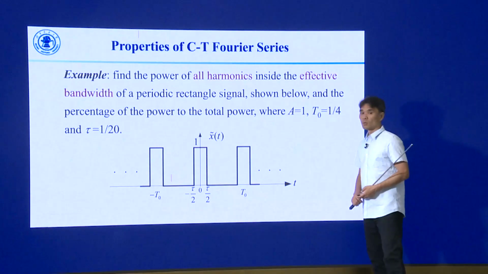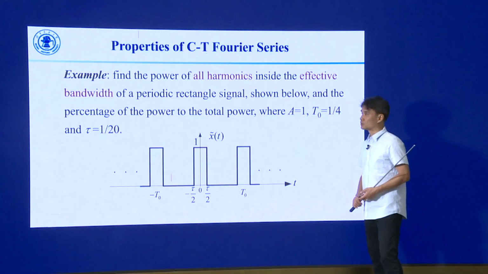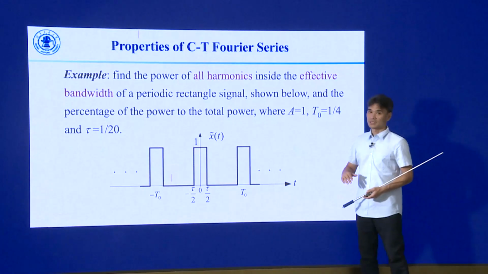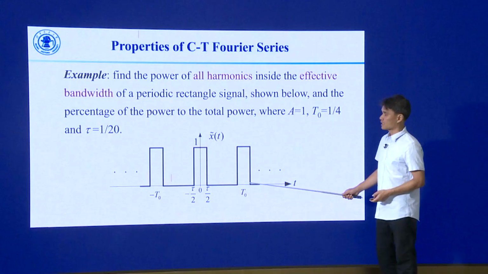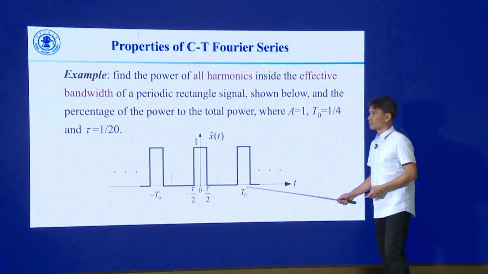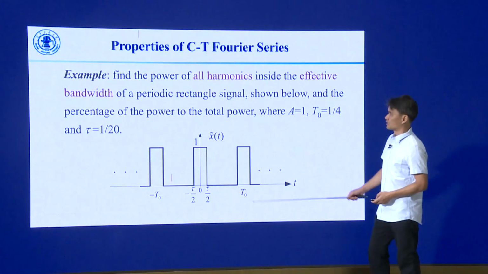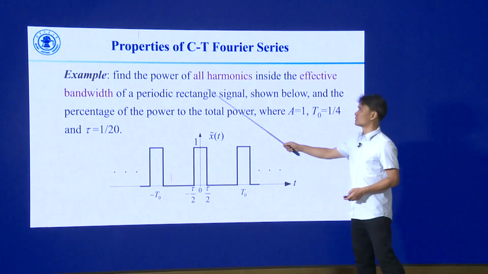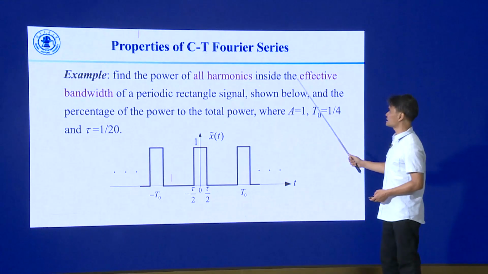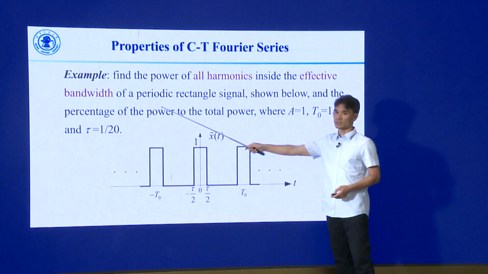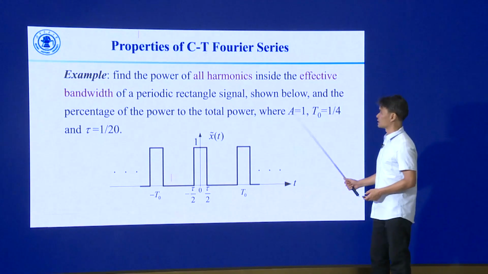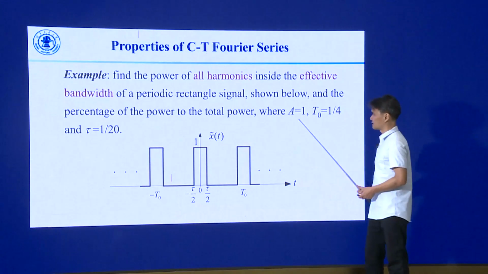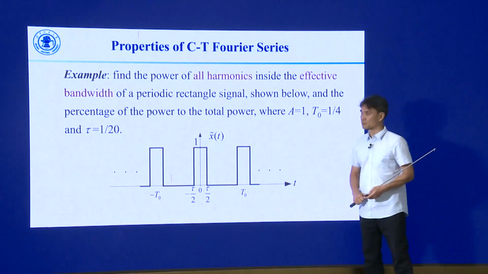Here is another example, showing the meaning of the effective bandwidth for rectangle periodic signals. We ask you to calculate the power of all harmonics inside the effective bandwidth of the periodic rectangle signal shown here, given the specific numbers of the parameters.